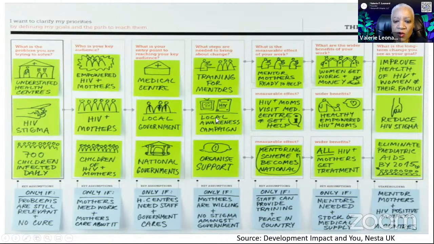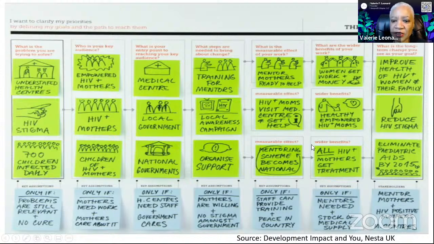All of this local awareness and training is for naught if you have not organized the support. So those three factors have to be in place. And then they're only going to do this if mothers are willing. So the HIV positive mothers have to be willing. And then we have to make sure that the barriers from government stigma are removed, because if government is stigmatizing victims, 9 times out of 10 they're not going to allocate the resources.